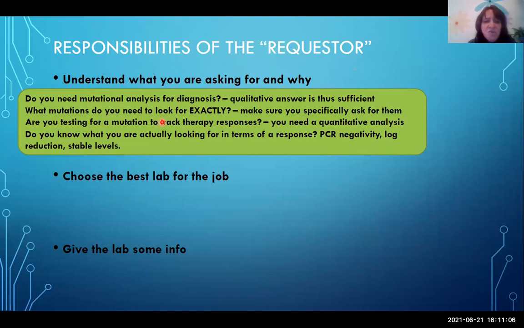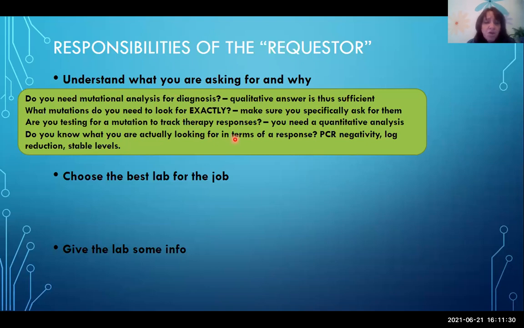What mutations do you actually need to look for? Just because you can look for something doesn't mean you should. If you don't have any option to change therapy, for instance, then there's no point in doing it. But you need to know what mutations you want so that you specifically ask for them.